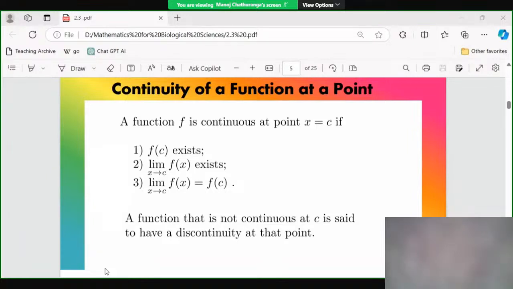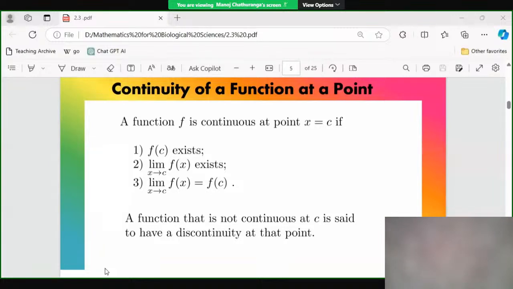So we looked at what happens as the independent variable approaches that point from two sides, the left hand side and right hand side separately. We call those one-sided limits, and if the one-sided limits are equal, we have the two-sided limit.